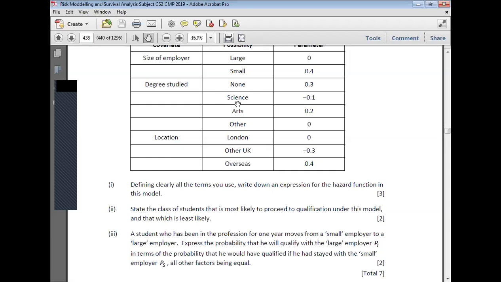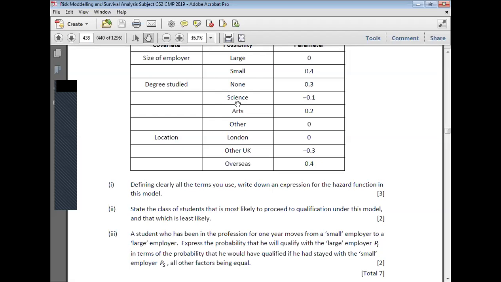Yeah, so basically what we are trying to see here is there is a guy who transferred from a small company to a large company, right? And then that person got qualified, let's say with the large company. So that is going to happen with some probability PL. But then we have to compare this with the probability of this person getting qualified had he stayed with the small employer itself.